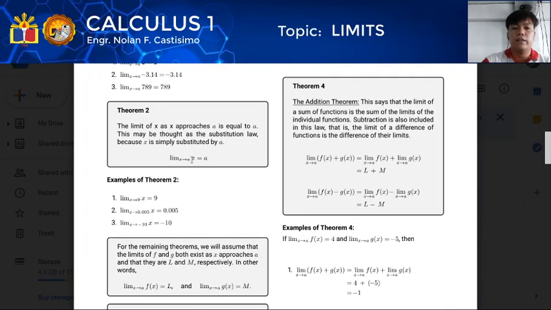Theorem 2: limit of x as x approaches A is equivalent to A. Ayan, yung Theorem 2 natin. So, examples.